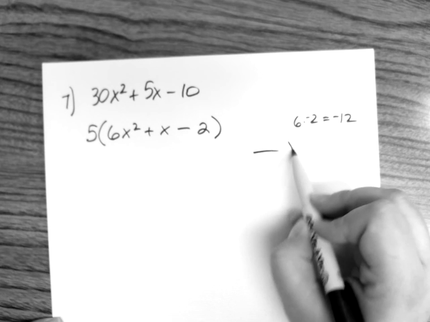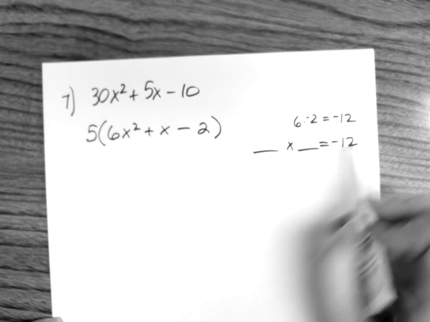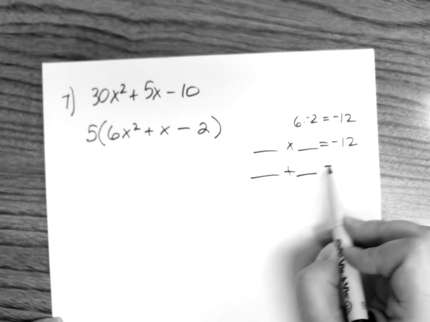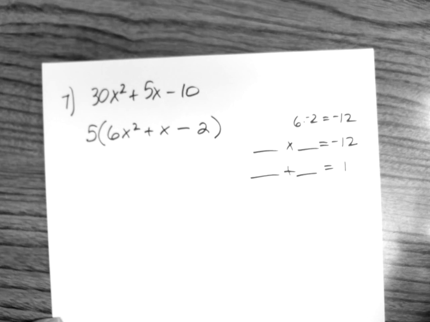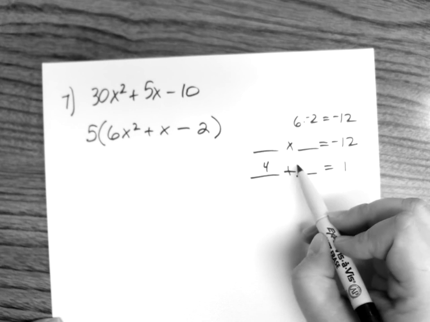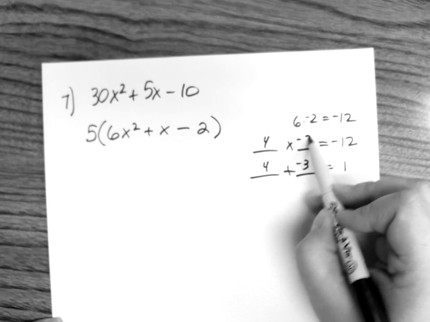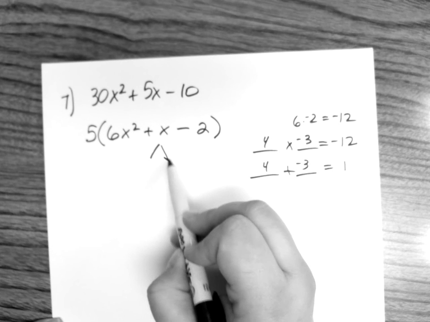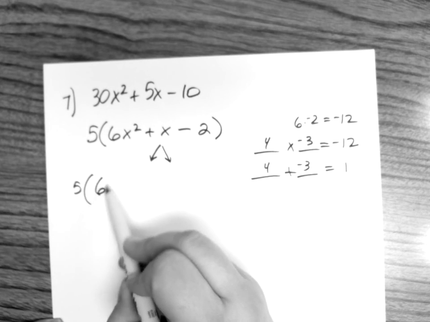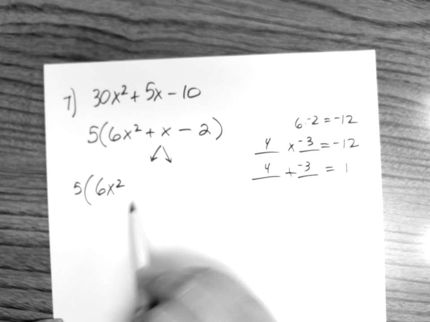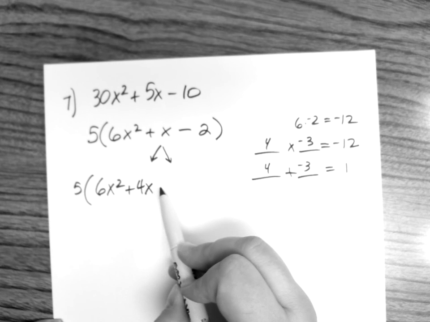Find two numbers that multiply to give me that, and add to give me 1 from right here. Okay, I'm factoring just what's in the parentheses now. So that would be 4 and negative 3. So now I break up, and that 5 is still just like hanging out front. So I'll break up the middle term into positive 4x and negative 3x.